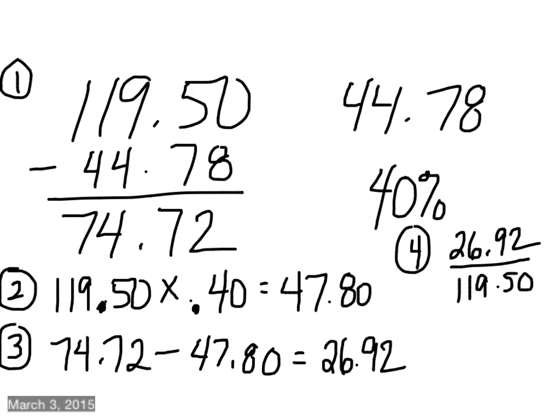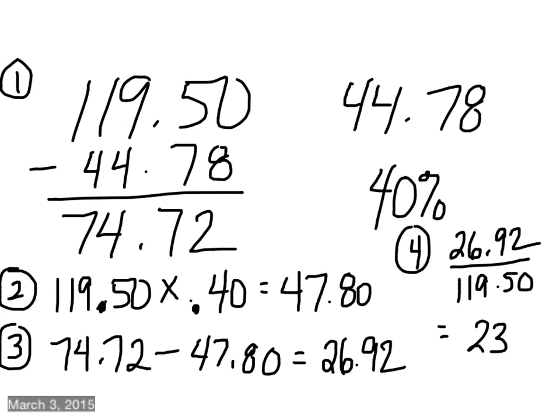Do not take the big one divided by the little one. It's always the top number divided by the bottom number. What do I get? 0.2253. Okay, and if I round it to the nearest percent after I move it over, I get 23%, right?